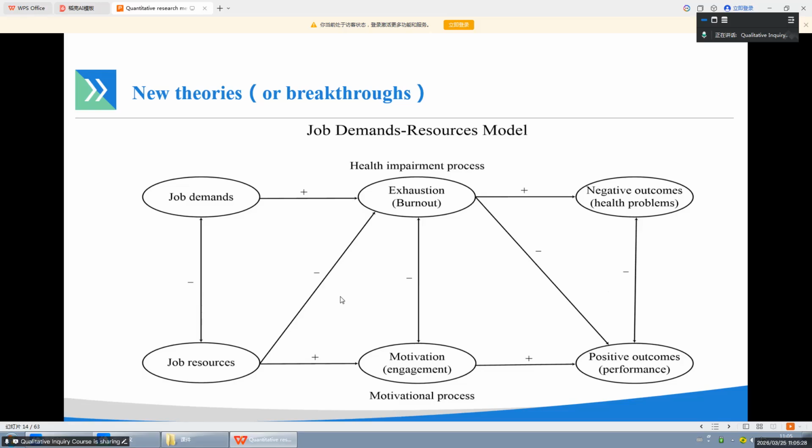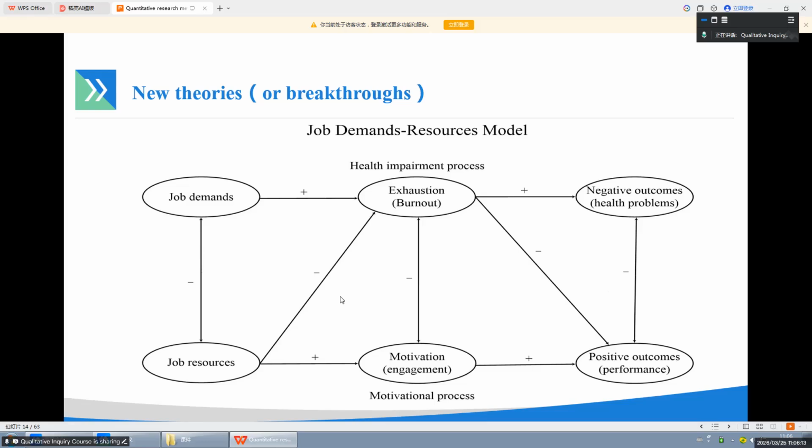It's one of the most influential theories in the past two decades in occupational psychology, occupational behaviors. Have you heard of this concept, work engagement? Yeah, good. How do we conceptualize work engagement?